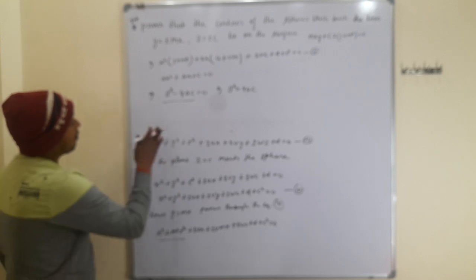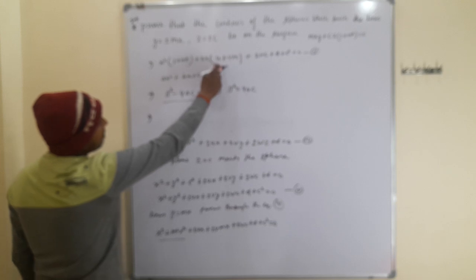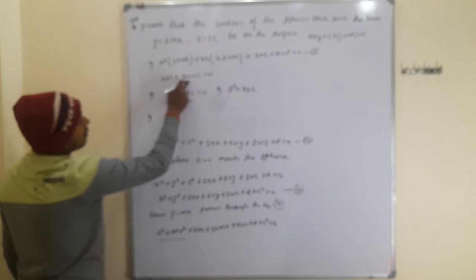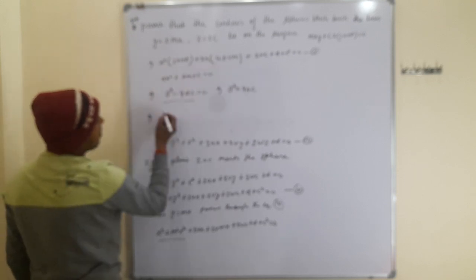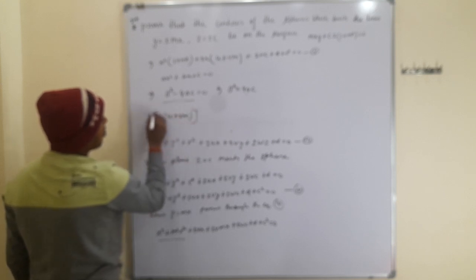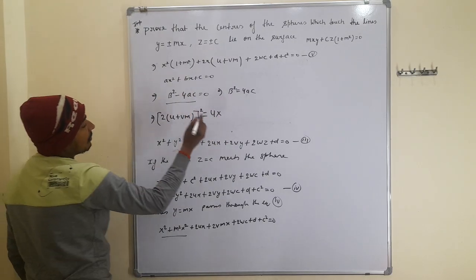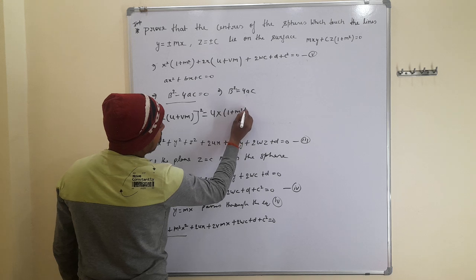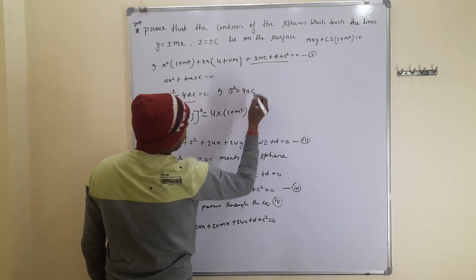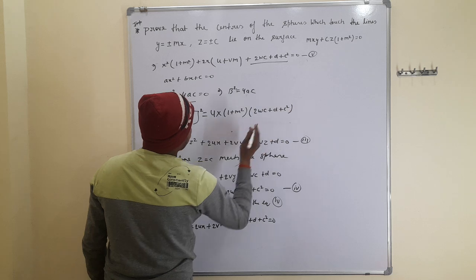We have to find the values. The coefficient of x is 2 times u plus vm, so b square is 2 times u plus vm whole square, equals 4. The coefficient of a is 1 plus m square, and the coefficient of c is 2wc plus d plus c square. We have to further solve.